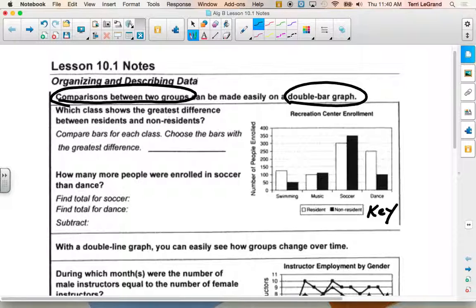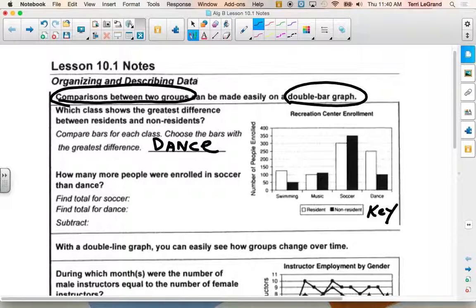Because the white bar is quite a bit higher than the black one. So choose the bars with the greatest difference. We're going to say that it is dance, but then we're going to support our answer.